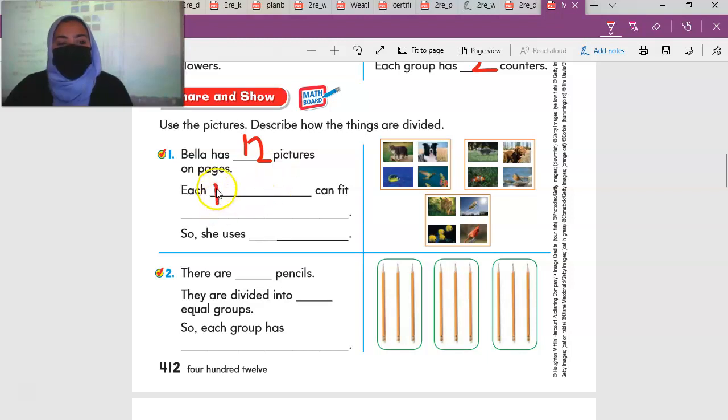Each page can fit how many pictures? 4. Good. Each page can fit 4 pictures. So she uses how many pages? 1, 2, 3. So 3 pages.